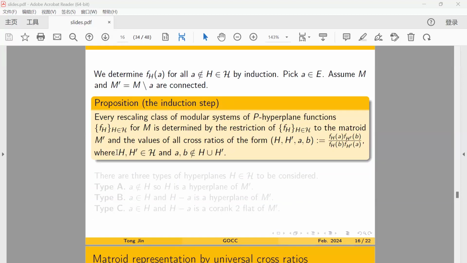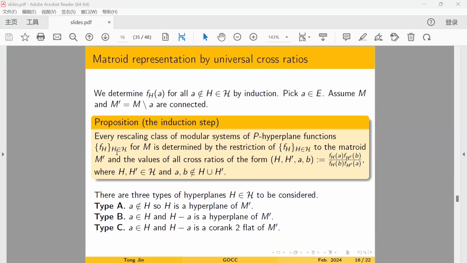So how do we do that? If we know the hyperplane function on the deletion, and if we know the cross ratios, we wish to determine the remaining undetermined hyperplane function values. And by case analysis, there are 3 types of hyperplanes to be considered.